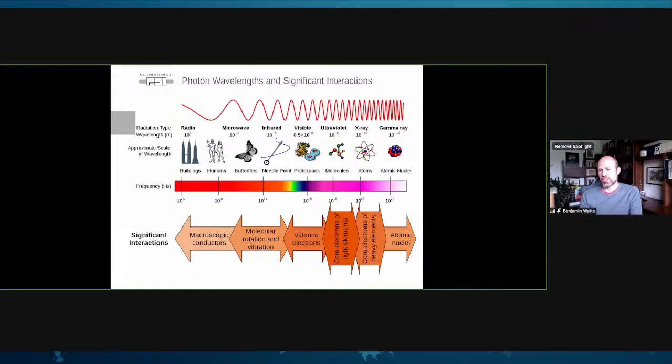And then in the X-rays, we start interacting with the core electrons in the light elements, and then towards the harder X-rays, the core electrons of the heavy elements. And these are quite powerful for research because they have a kind of simplicity to them, and that you can really use to tease out a lot of details that are otherwise very complicated for other probes.